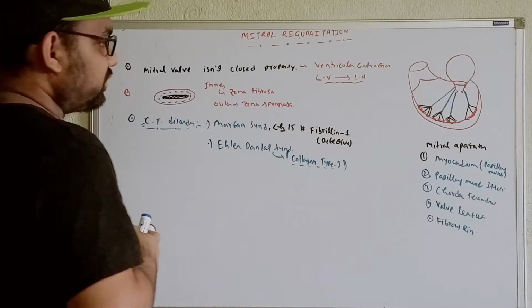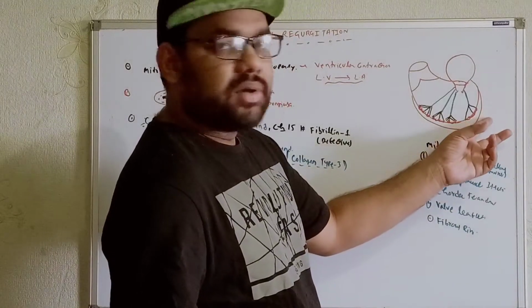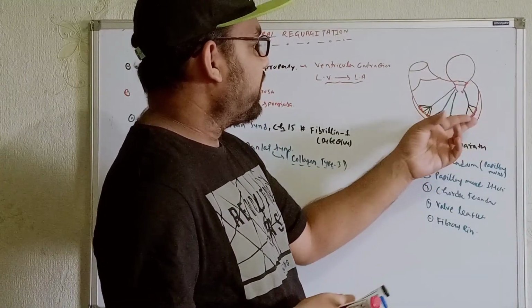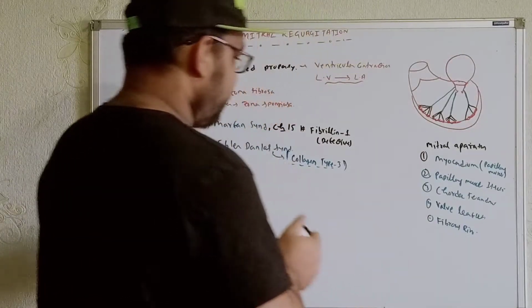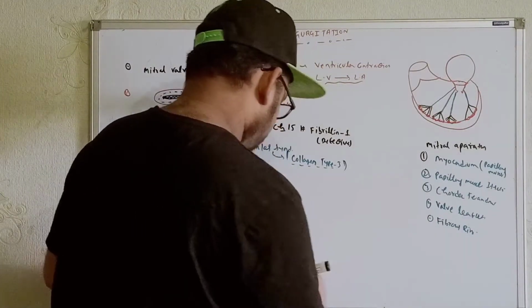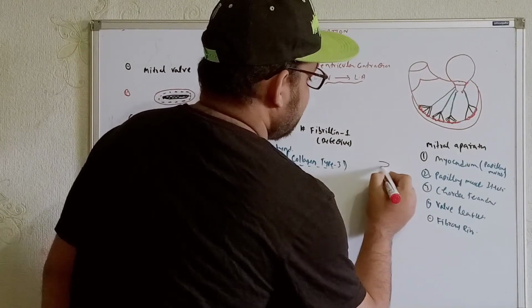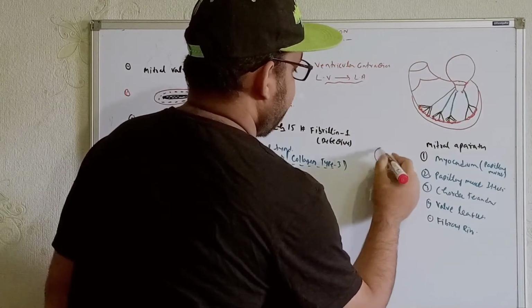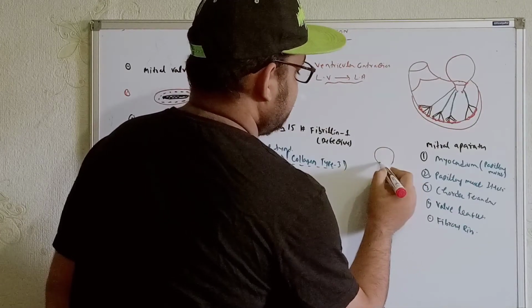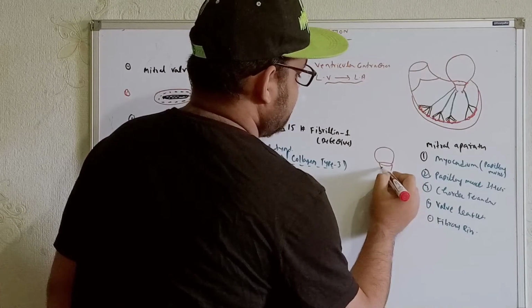Now, try to understand, if we get left ventricular dilation. Let me show over here with different colors, then I think it will be easier for you to understand, guys. So for whatever the reasons, if we get left ventricular dilation, let's draw the fibrous ring and the leaflets.